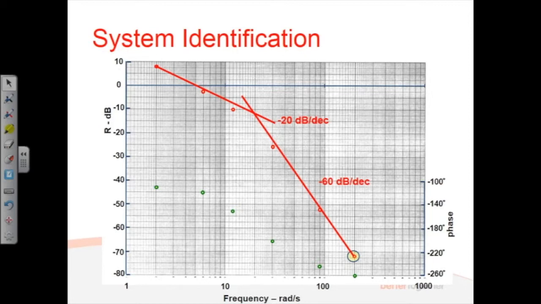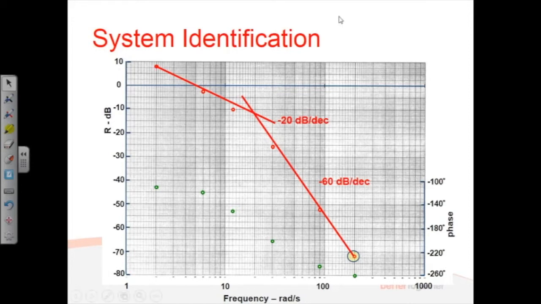A gain. So I've got a gain, an integrator, and then I start looking for corners, and my slope around this corner changes from minus 20 to minus 60, so that's a change of minus 40 decibels. What gives me a change of minus 40 decibels as we go around the corner? Second order lag.